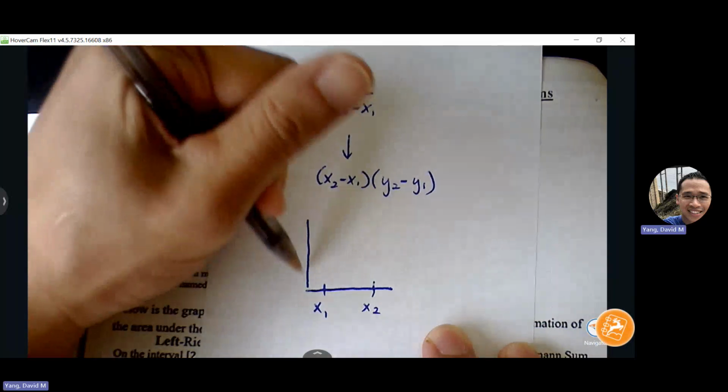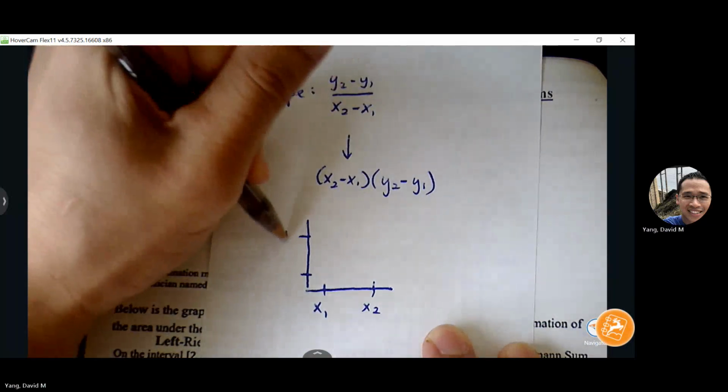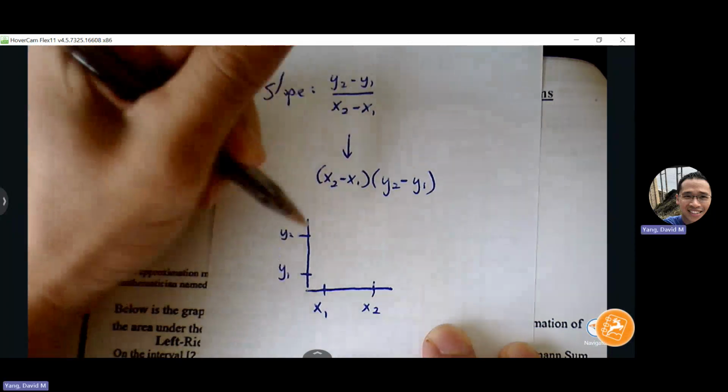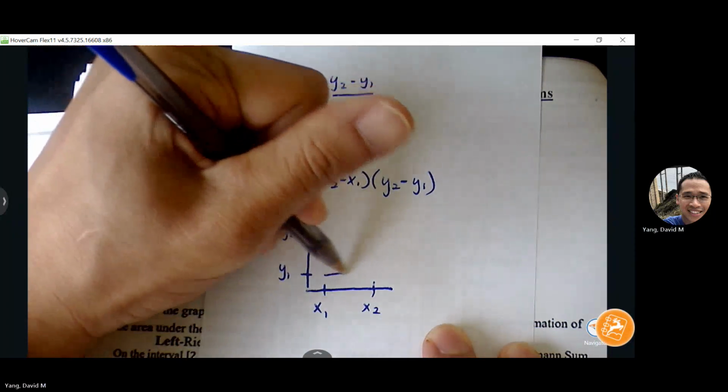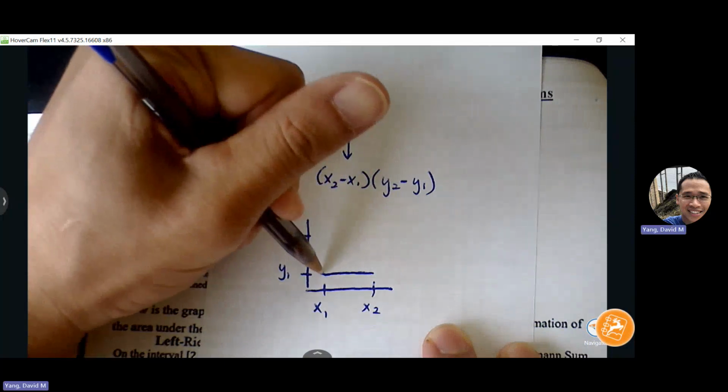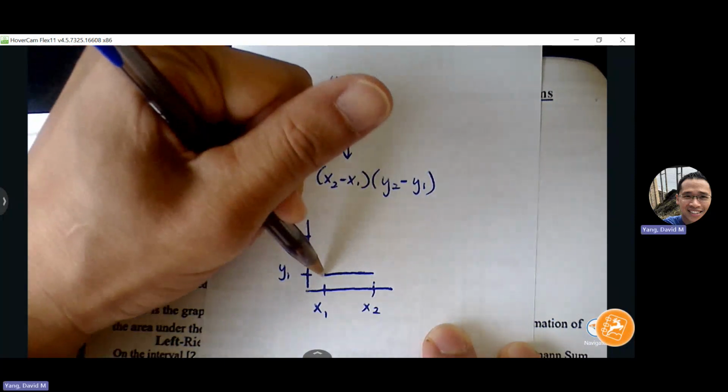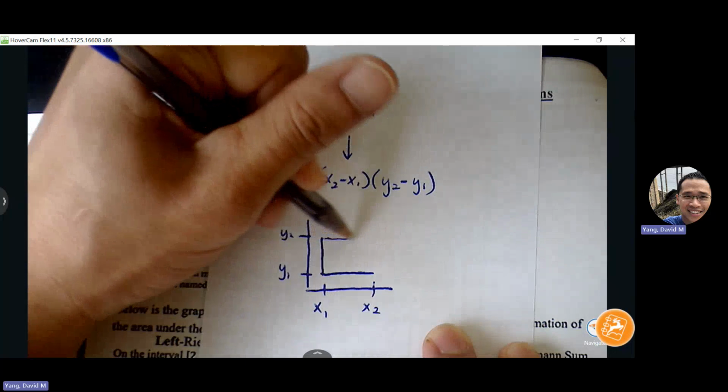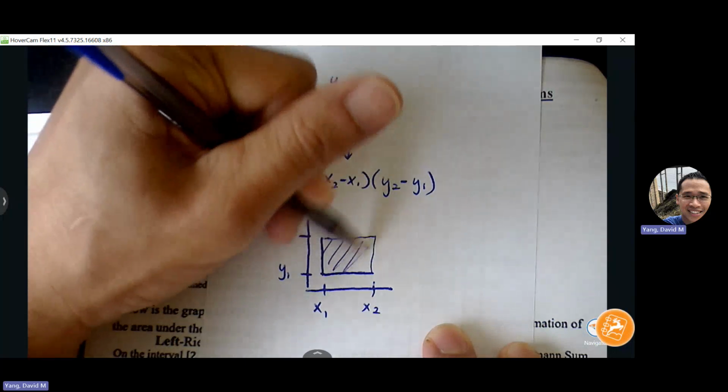Okay? y2 minus y1 is just some vertical distance. And what happens when I multiply horizontal and vertical component together? What do I get? I get area, right? I get area of a rectangle.